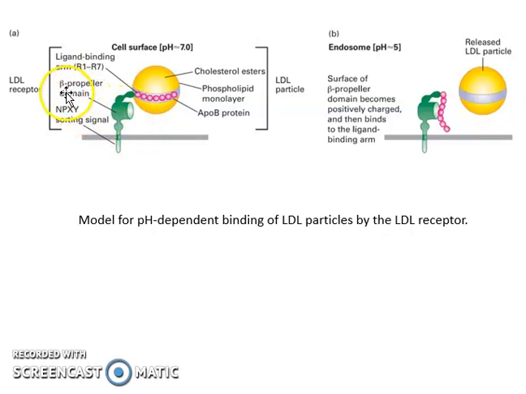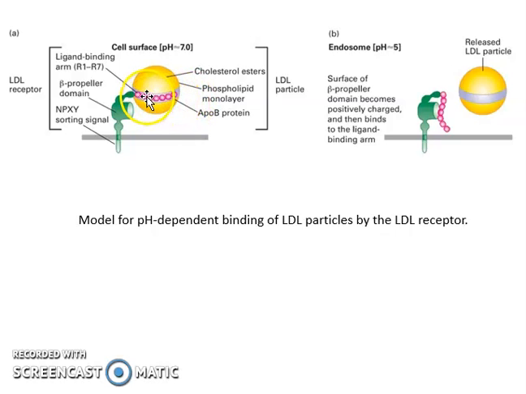There is the beta-propeller domain, then the cytosolic domain, which has the NPXY sorting signal, and the ligand binding arm, this pink colored region, which contains cysteine-rich repeats. This portion binds to the LDL particle.